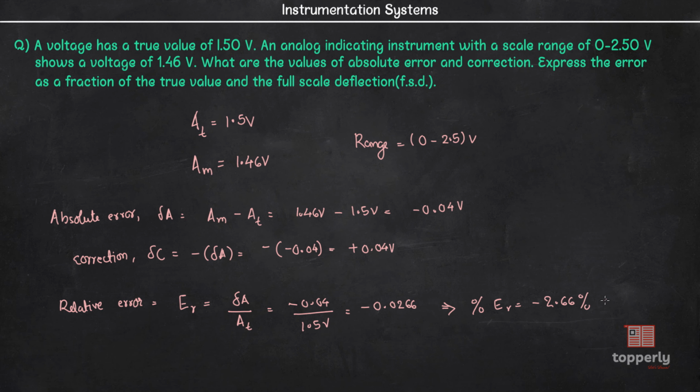This is basically expressing the error as a fraction of true value, because the denominator here is AT or true value.